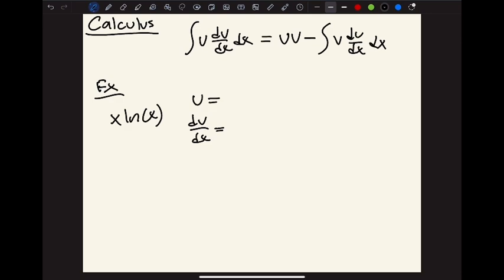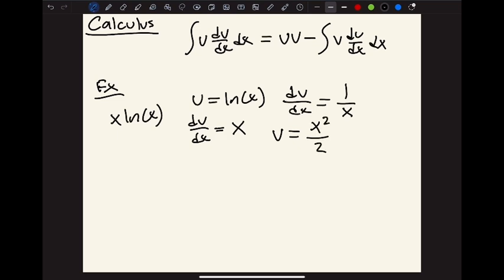Since the integral of ln x is more complicated, so it'll just make you do more work, we can set ln x as u because the derivative is known because it's in the formula booklet. It's 1 over x. And then if we put x as dv over dx, the integral is also quite easy. It's just going to be x squared over 2.